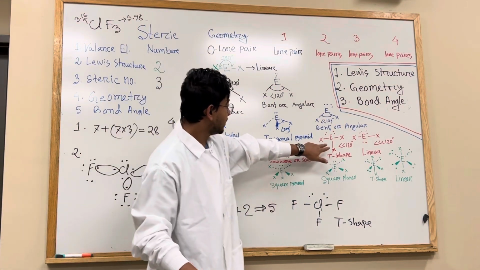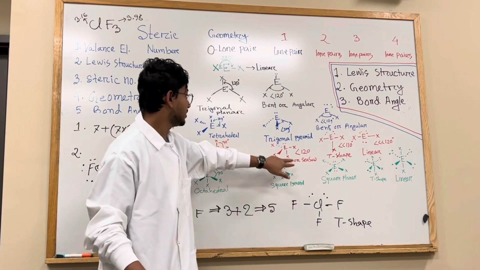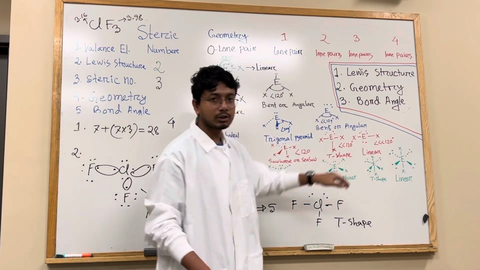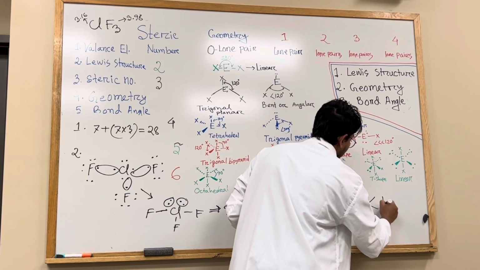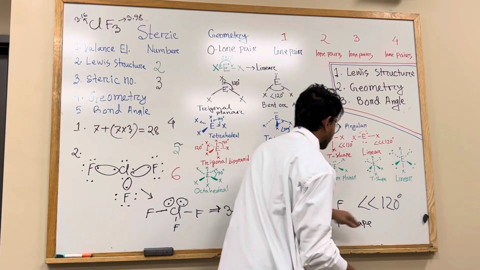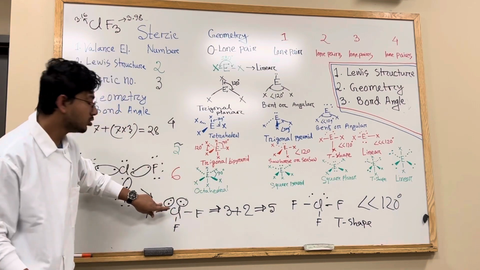Then you can see that the angle is a little lower than 120, so the angle will be less than 120. Generally it should be 120 if there is no lone pair.